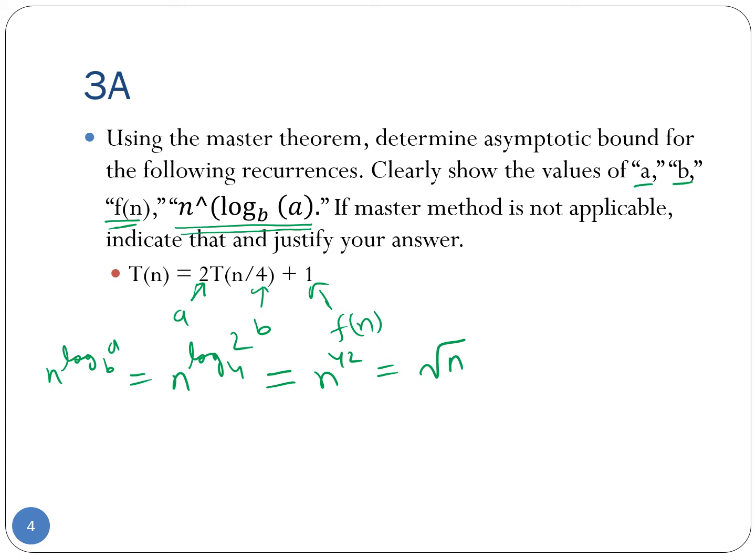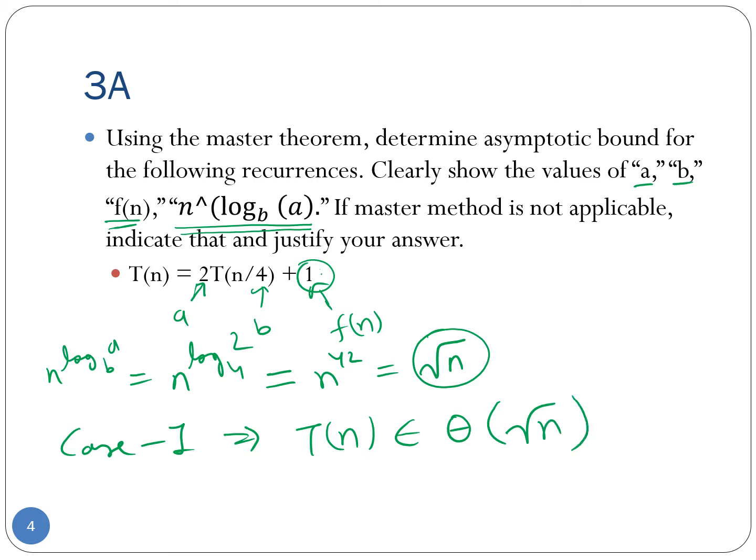Now clearly this square root n grows faster than 1, which is f of n. So this is going to be case 1 of the master theorem, which implies that in this case T of n belongs to theta of square root n.